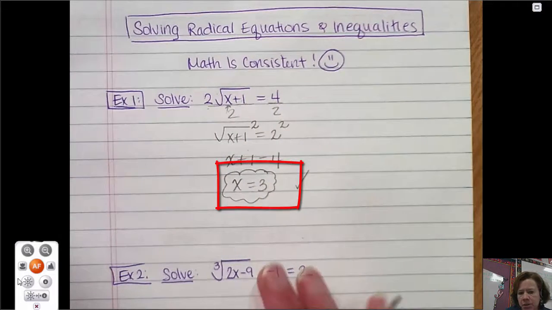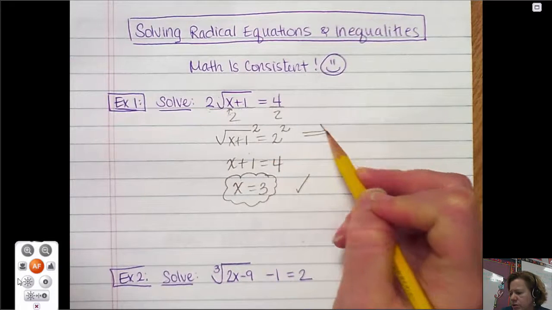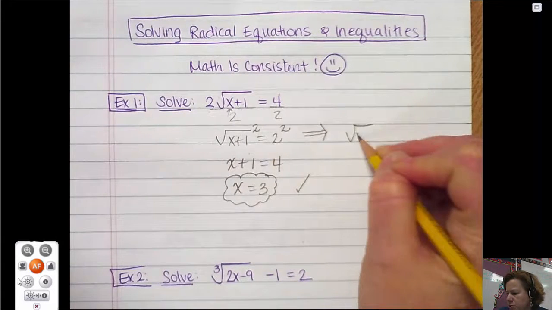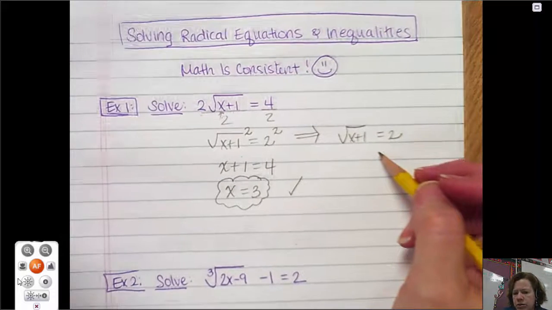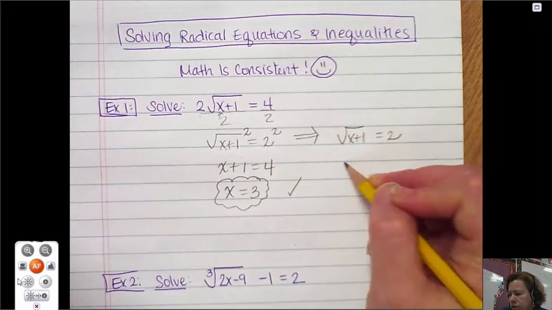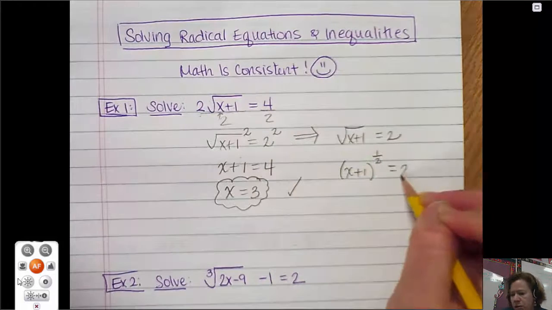Another quick note I want to make about this one is that now that we know about our rational exponents, when you had that square root of x plus 1 equals 2, if you're not entirely sure how to undo that square root, you could write it as a rational exponent, as an exponent of 1/2.